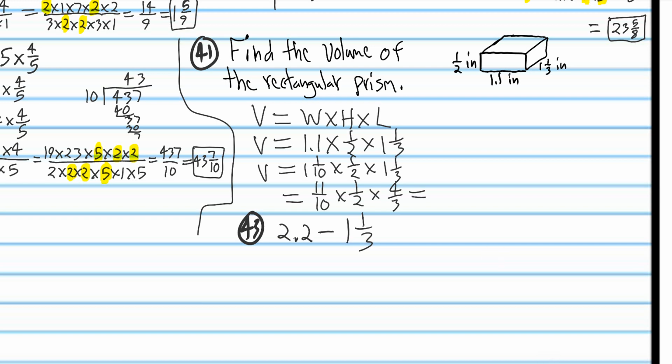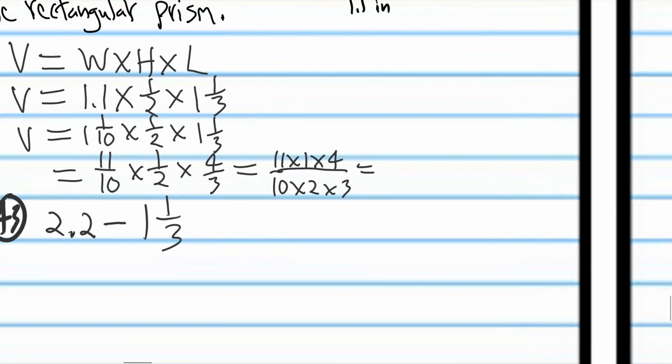So now we're multiplying fractions. You just multiply the numerators, 11 times 1 times 4. And the bottom we have 10 times 2 times 3. So on and so forth. And so we're going to go ahead and keep factoring, because that's going to help us. So 4 becomes 2 times 2. 10 becomes 2 times 5.